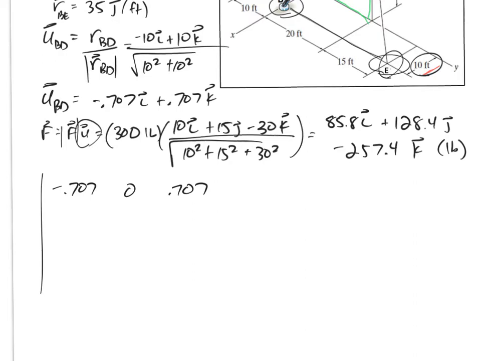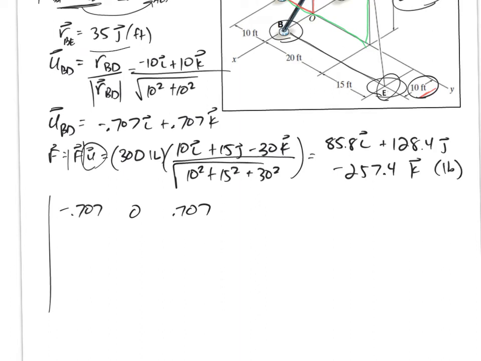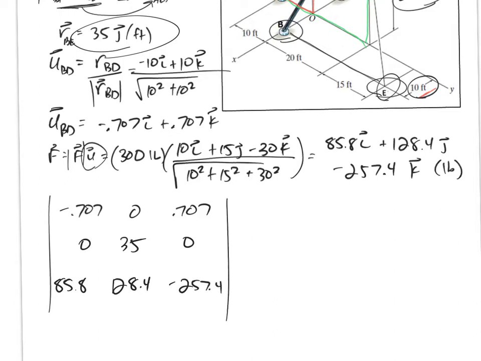Then the R is just up here, 35J, so 0 in the I, 35, and 0. And then the F, the force, we do have an I, J, and a K: 85.8, 128.4, and negative 257.4. So I'll do that cross product.